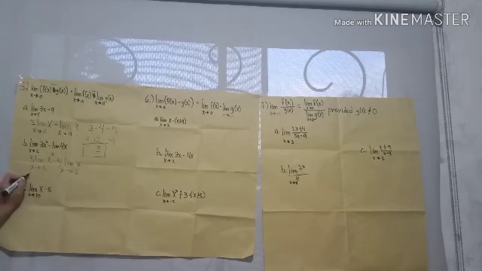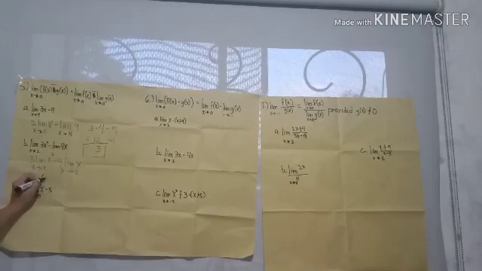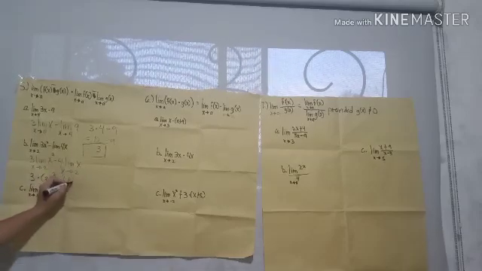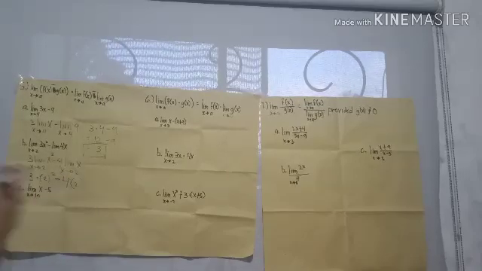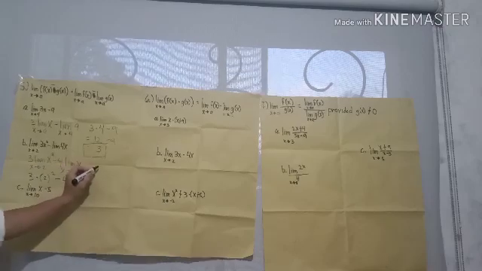So 3 times 2 squared minus 4 times 2. So evaluate.